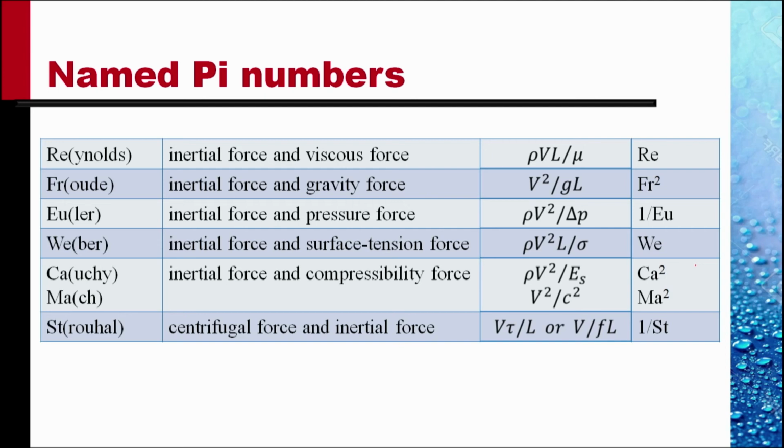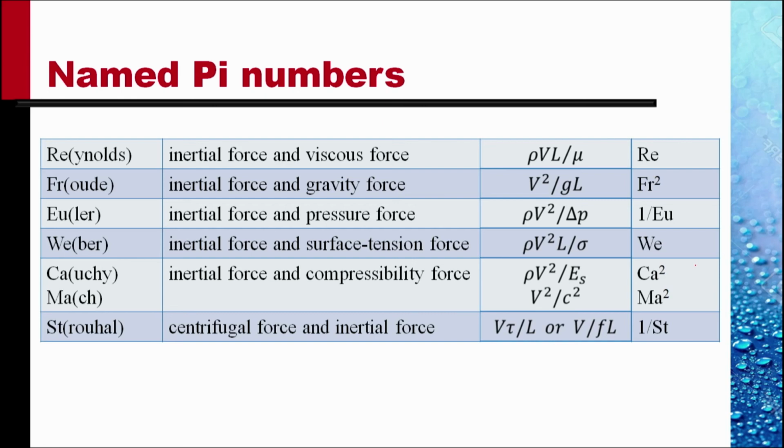From the various components of forces, we obtain these pi numbers which are often used. There are more pi numbers which occur, but we have taken only a sample that commonly occur.